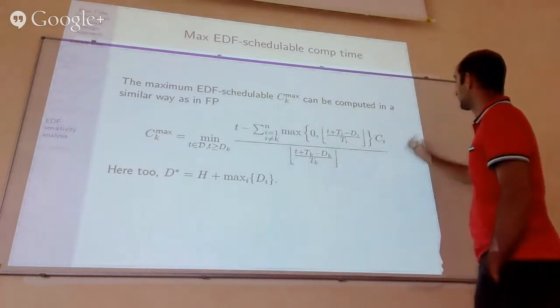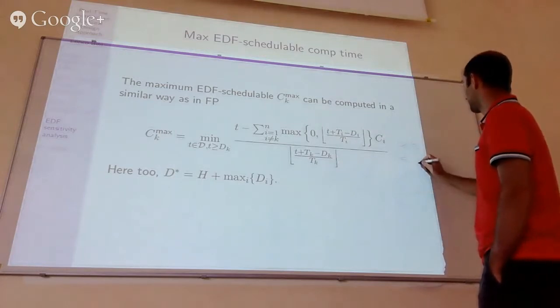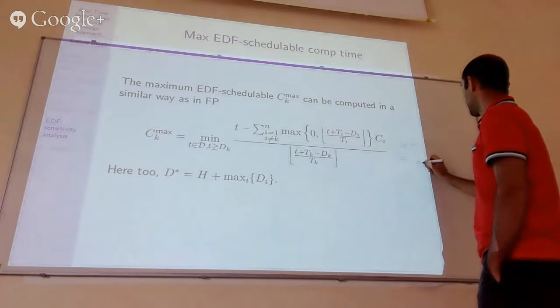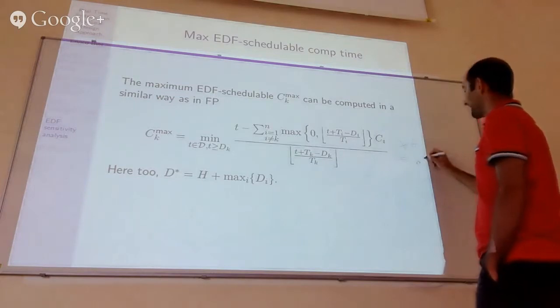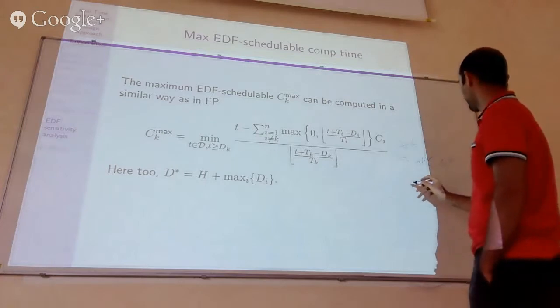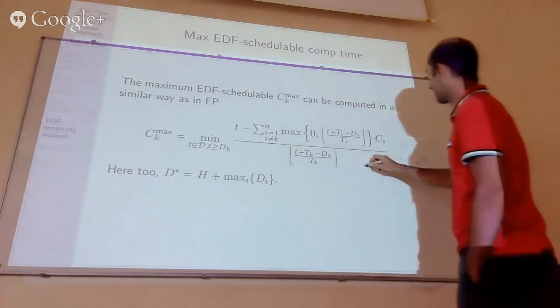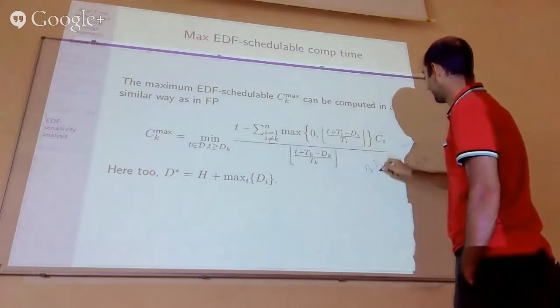So we have, for all t, the sum over i of n_i(t) C_i, where n_i is a function of t, less than or equal to t. Then we make the sum over i different than k, and we bring the k term outside.